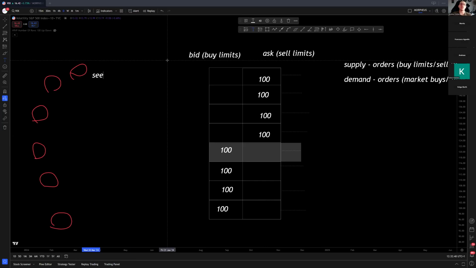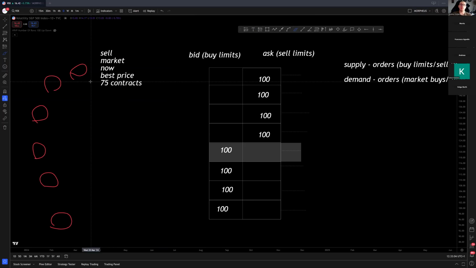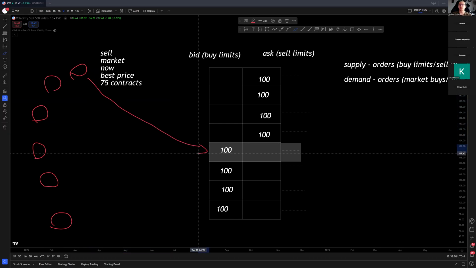So I need to sell market now at the best price, for example, 75 contracts. If he needs to sell market now, who is he going to sell to? These guys. That's the best price at which he can sell. Because if I want to sell those 75, there needs to be someone buying those 75.